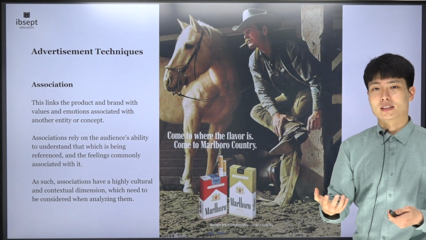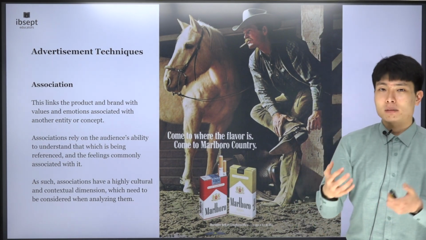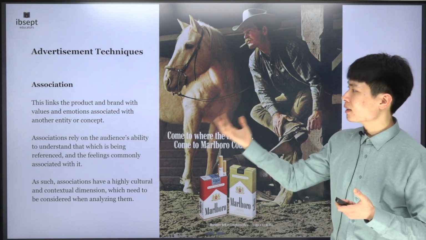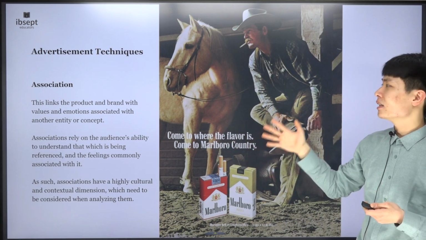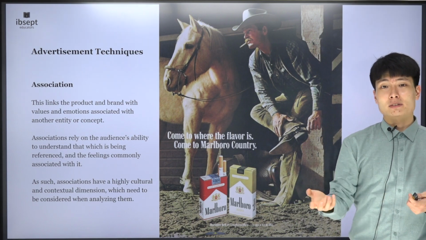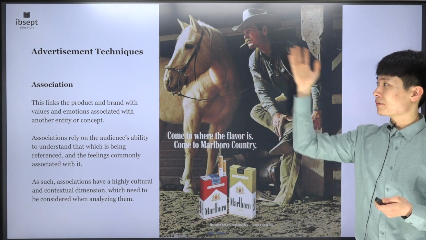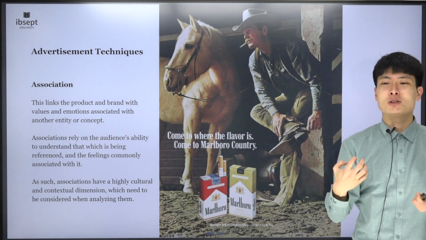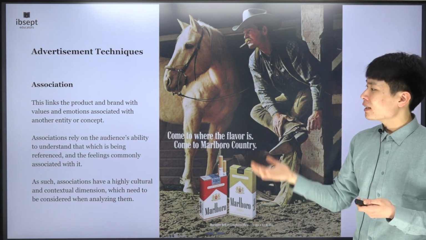Lastly, we have the concept of association. So this is linking the product and brand with images, with emotions associated with a completely different entity or concept. So this is a Marlboro ad, it's a cigarette ad, but it is associating the product and the brand with that of cowboys, the Wild West, that rugged individualism that often permeates American media.